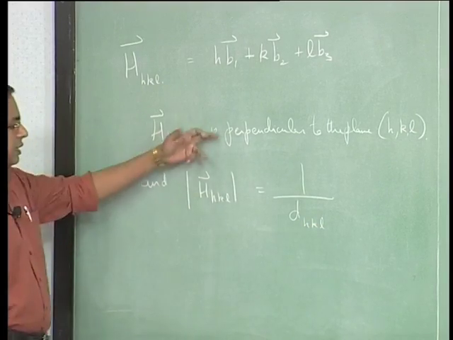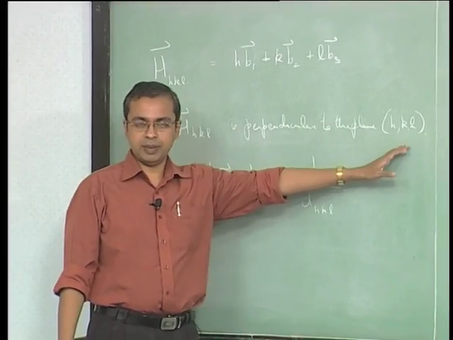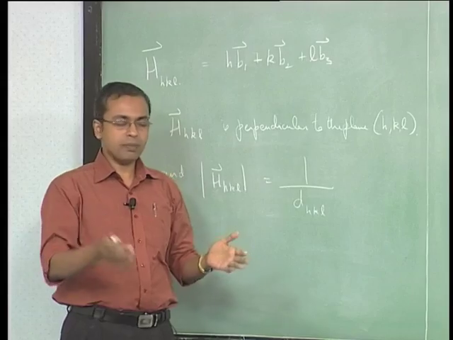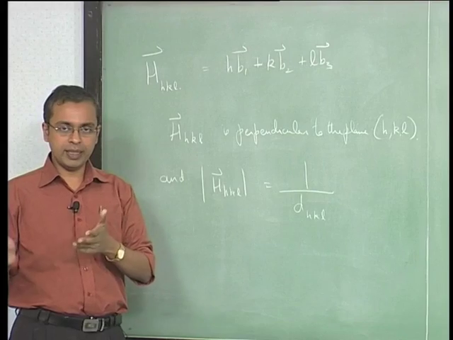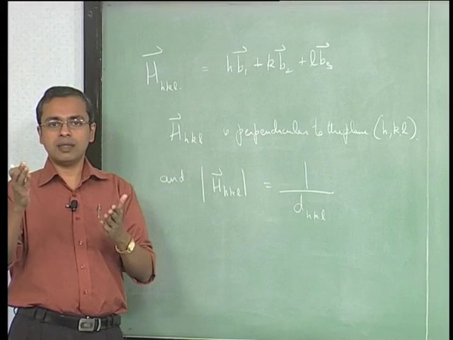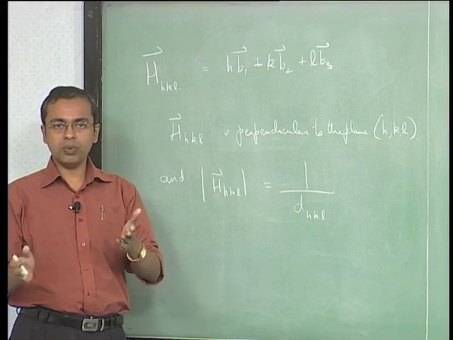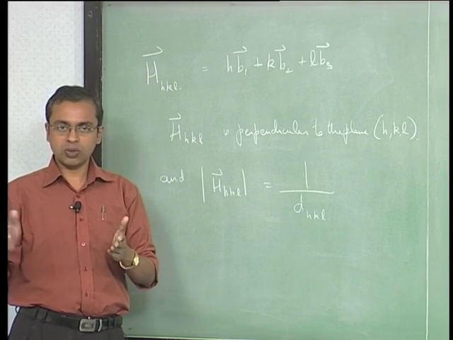Please note, in both these cases we are relating something in reciprocal space to something in real space. This is not complicated because we just did that already when we looked at a1, a2, a3 and b1, b2, b3, and we made relationships between them when I said that b1 is 1 by d100, b2 is 1 by d010 and b3 is 1 by d001.